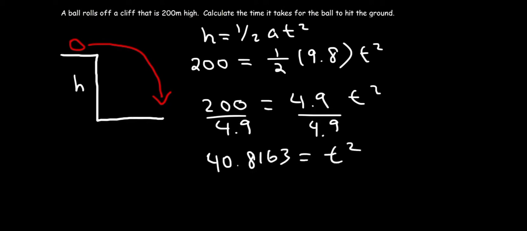So now we need to take the square root of both sides to get t. And so t is going to be 6.389 seconds. And so that's how long it's going to take for the ball to hit the ground.